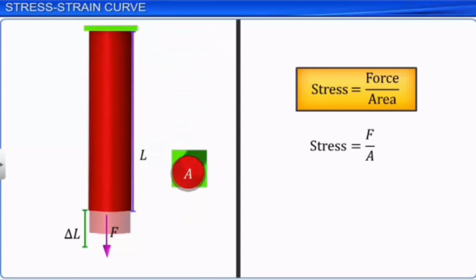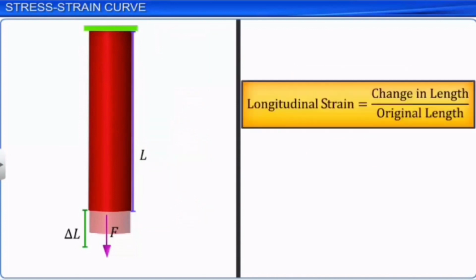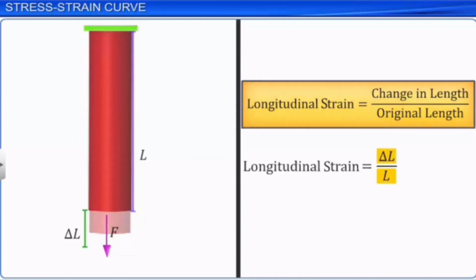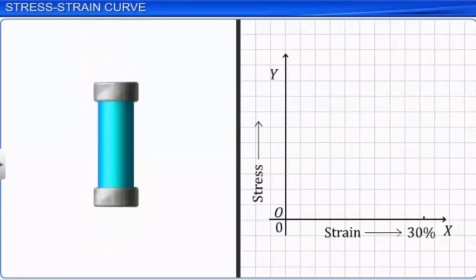A typical stress-strain graph is shown. In the initial part of the graph, for low values of strain, the stress-strain curve is a straight line. In this straight line region of the graph from O to A, stress is directly proportional to the strain and Hooke's law is obeyed.